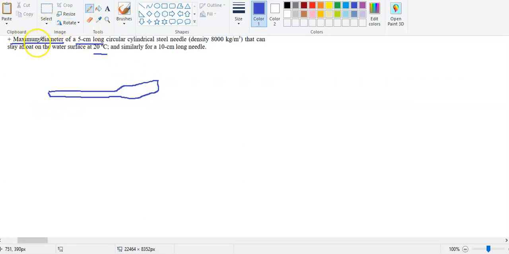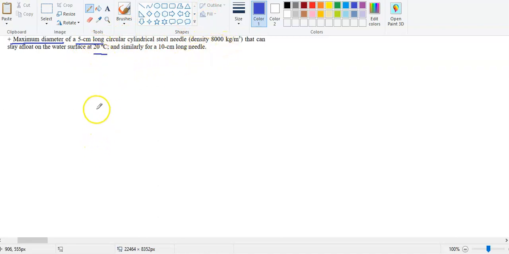It says maximum diameter. That means the diameter throughout the needle is not uniform. So it is a non-uniform diameter. Okay, so we need to calculate the maximum diameter. The only information given is the length, the surface, temperature, and the density.